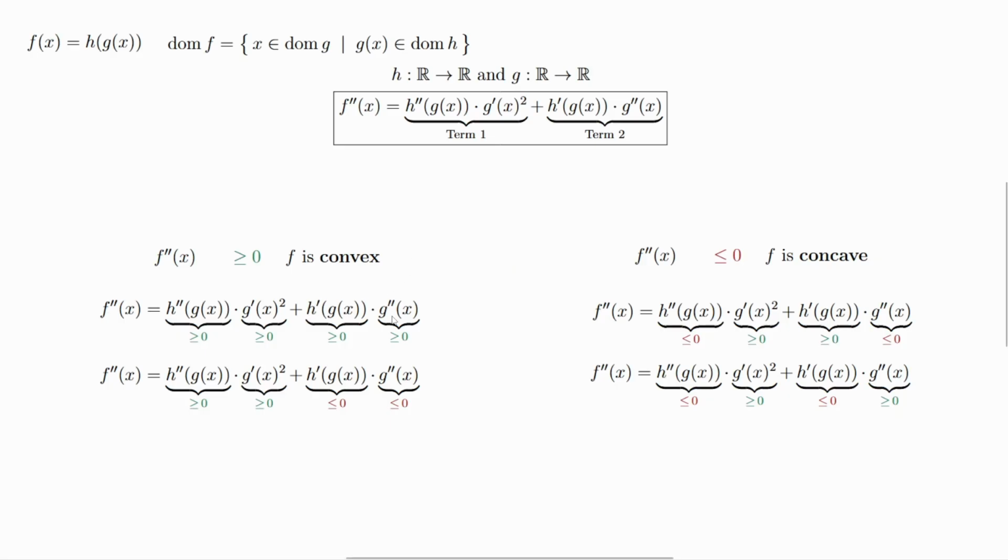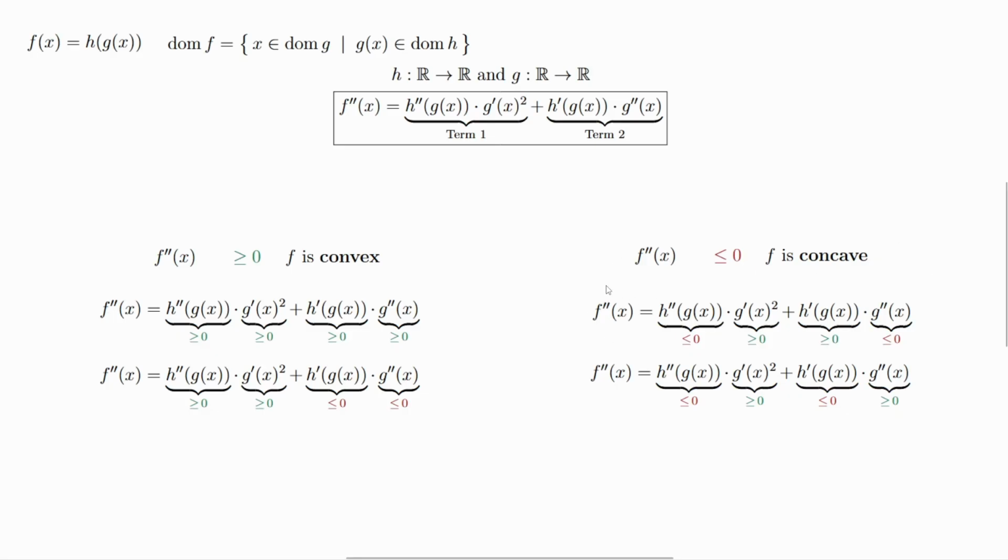We also have g double prime, or the curvature of g, positive as well. We also have the possibility where both factors in the second term are negative, and since they multiply, that becomes positive. For f to be concave, that's when the second derivative or the Hessian is negative.